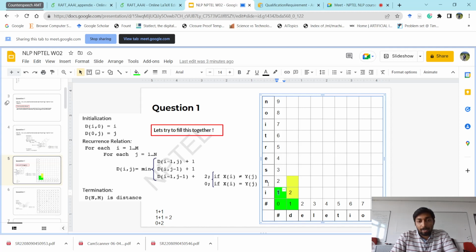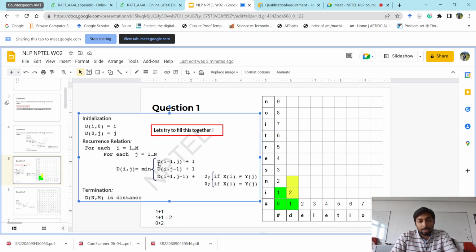So now these two are okay, d i minus 1 comma j and d i comma j minus 1. Either way it is fine. You have to fix a notation, either you take j this way or i this way. That is your choice, but the overall thing will be similar. And finally you have to take d i minus 1 comma j minus 1. Then you have to check whether x i and y j are same or not.